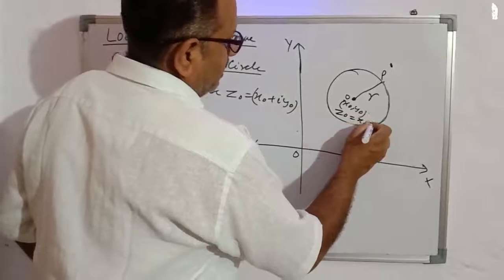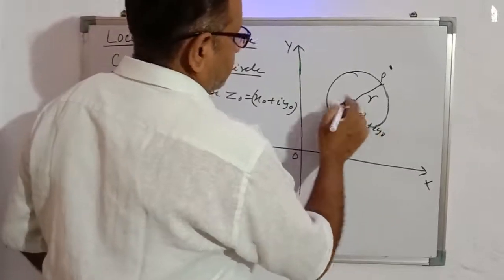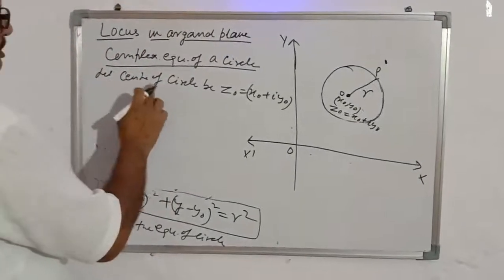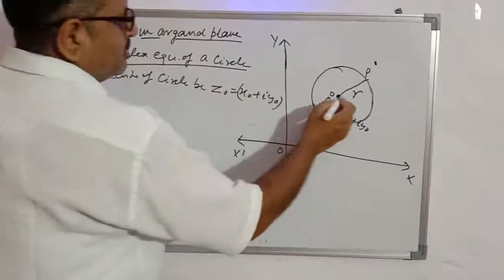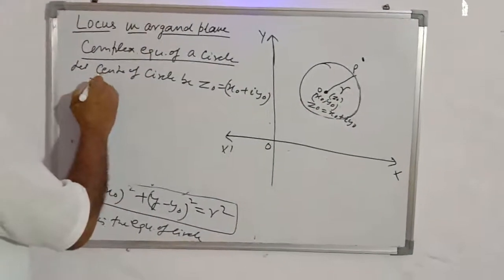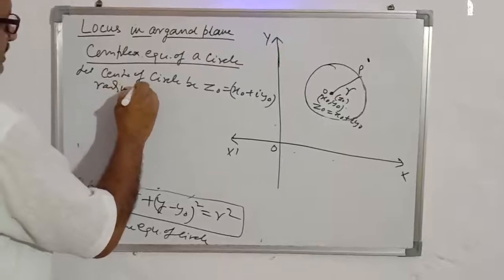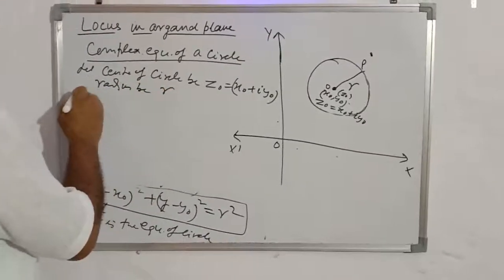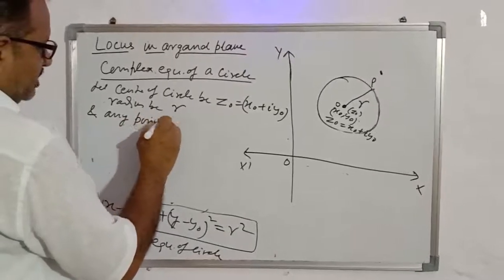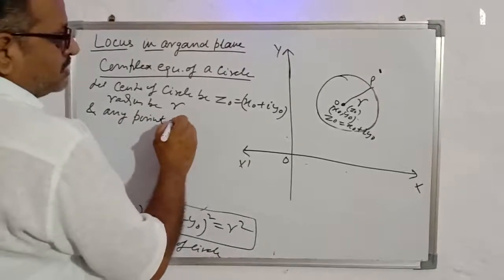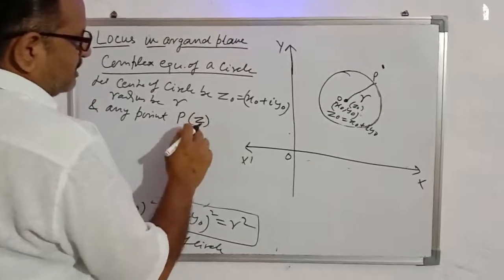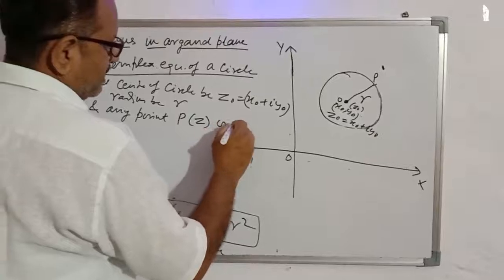So point O represents Z0. Let the center of the circle be Z0, the radius be r, and any point P, represented by the complex number Z, on the circle.